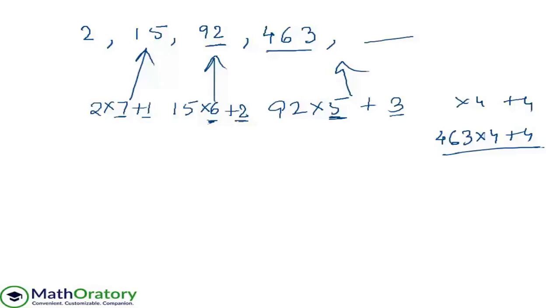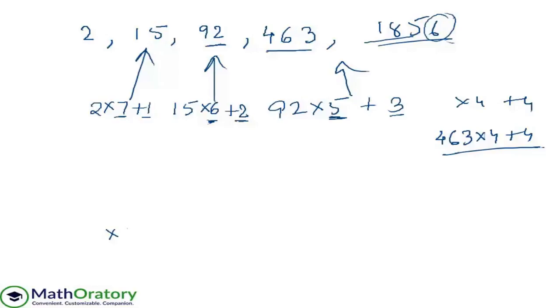That is 926, and double of that is 1852, plus 4 is 1856. That is the answer. That's one way to get the answer, but many times you'll find only the last digit working. Hopefully you understand how to tackle these kinds of series.